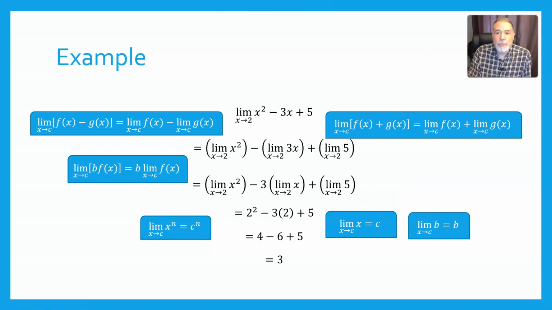Now at this point, you may be thinking, that looks like taking something that should be simple and making it way more complicated. So for something like this, what happens when x gets close to 2 isn't really any different than what happens when x is 2. And we could just plug in 2, evaluate the function, and what we get would just be 3.